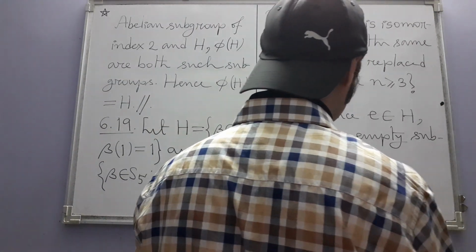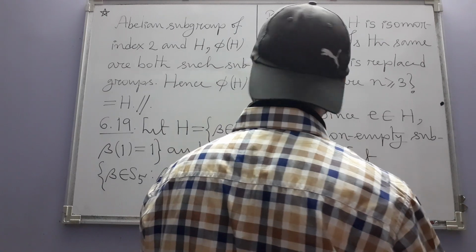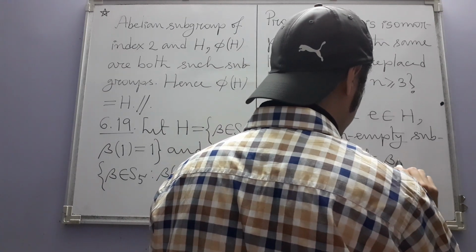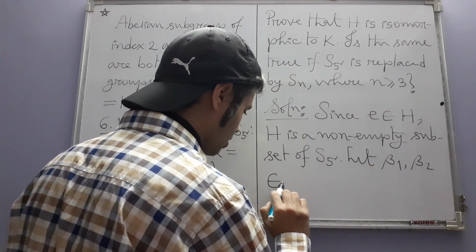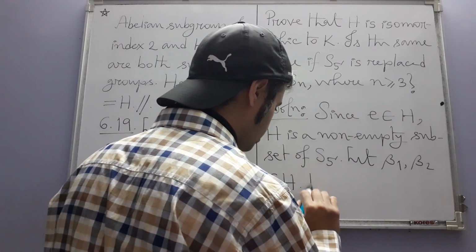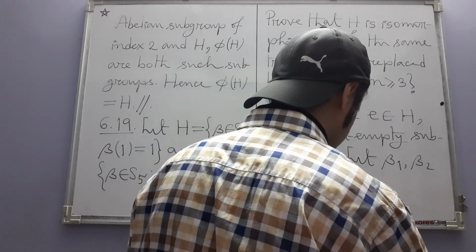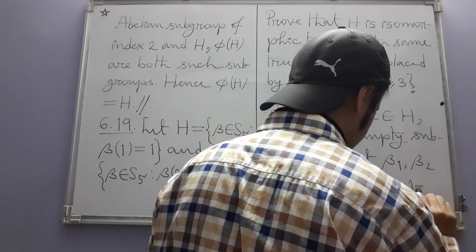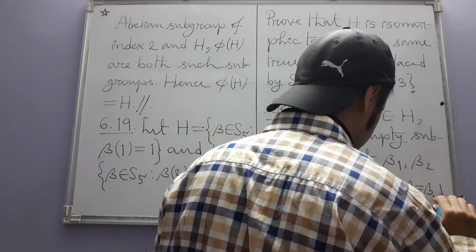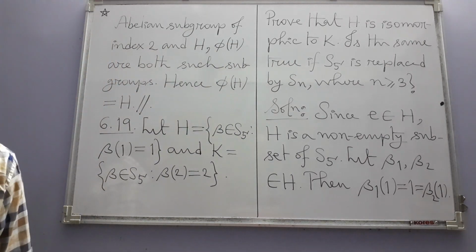And now we can apply our subgroup test. Let beta 1 and beta 2 belong to H. Then beta 1 of 1 is 1 and beta 2 of 1 is also 1. And from this we have two things.